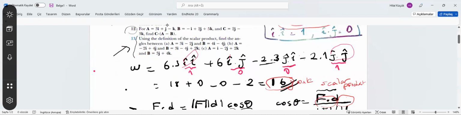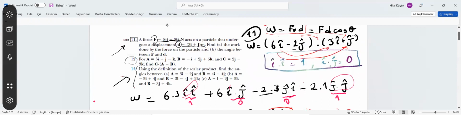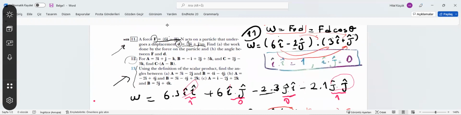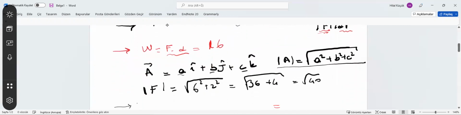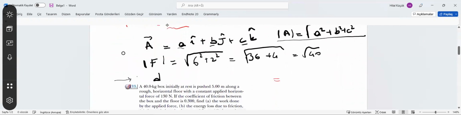Okay. And if I come here, D has scalars, 3 and 1. I take that part. D equals 3 square plus 1. I just take the scalar part, not the unit vector.